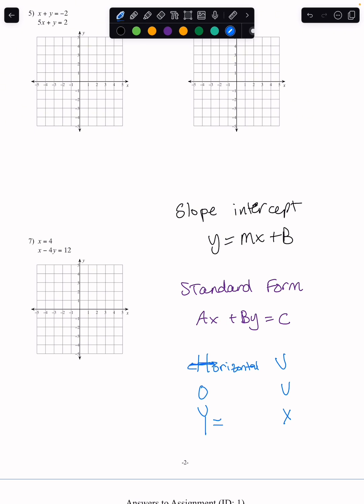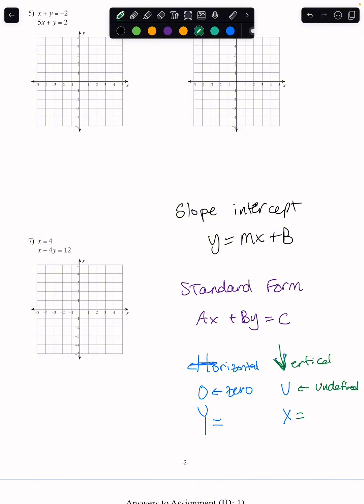And your slope is 0. That is a 0. And then anytime you have an x equals equation, you have a vertical line. And vertical lines go up and down. And that slope is undefined.